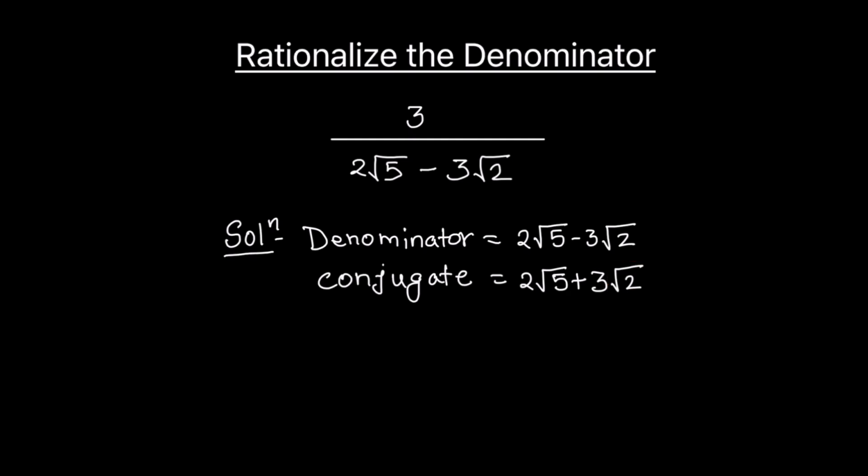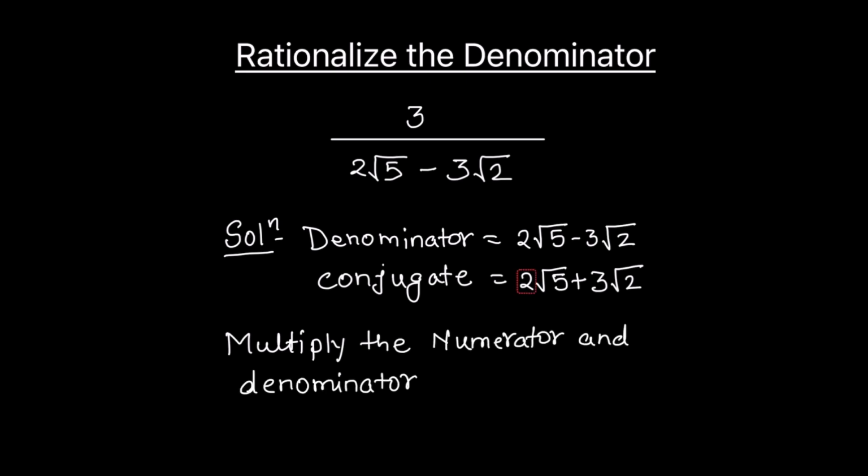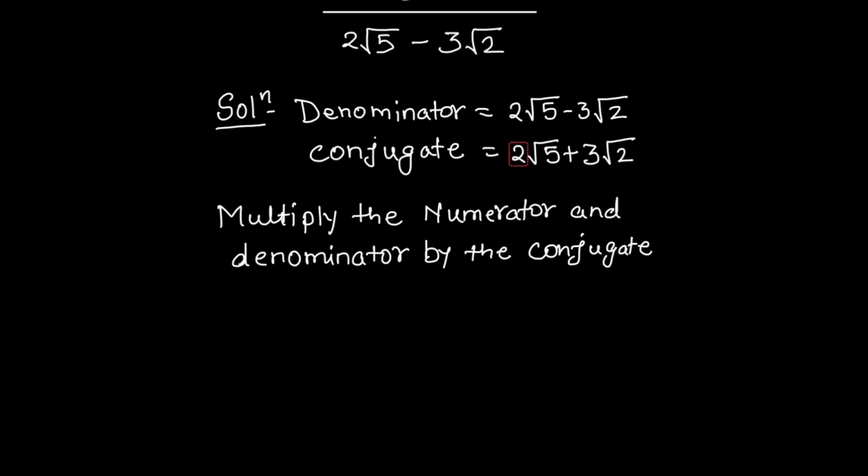The second step is to multiply the numerator and denominator by the conjugate. So our expression is 3 over 2 root 5 minus 3 root 2, and we are going to multiply and divide by 2 root 5 plus 3 root 2.